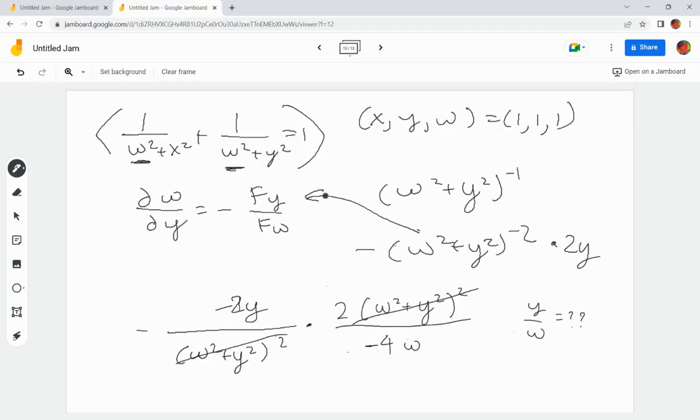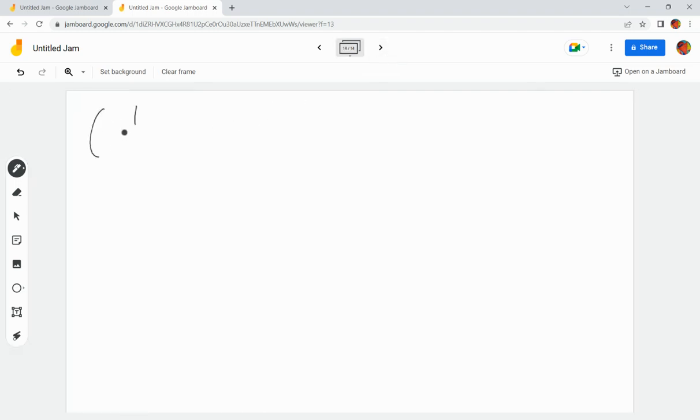Let me do this again and do it properly. So, where I think I went wrong was probably over here. Should have done it way closer. W squared plus y squared. Oh, I'm the dumbest.